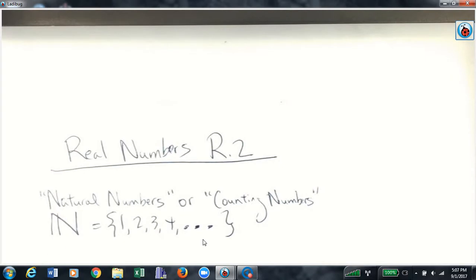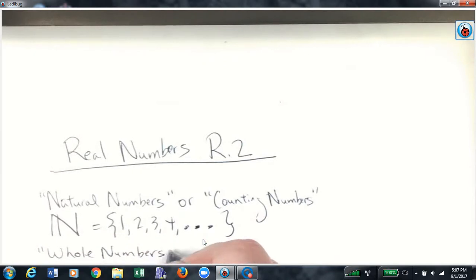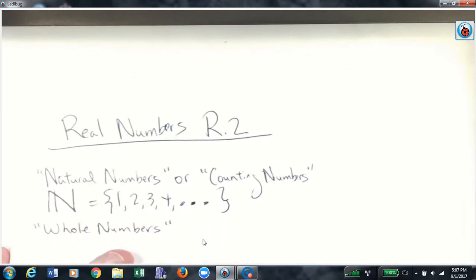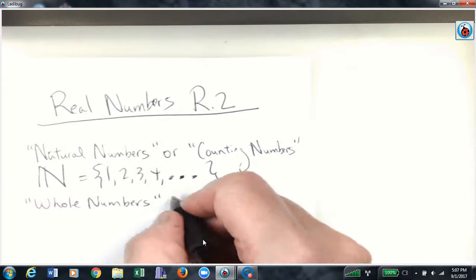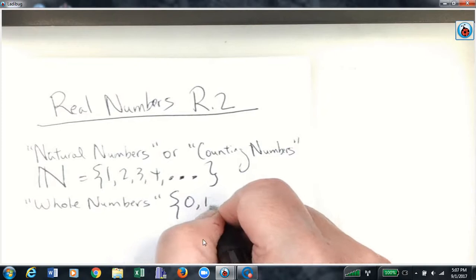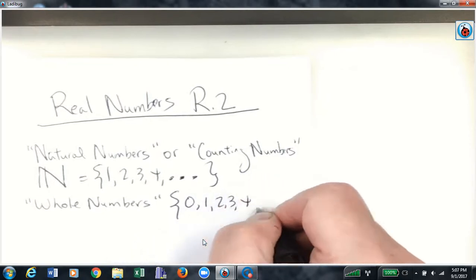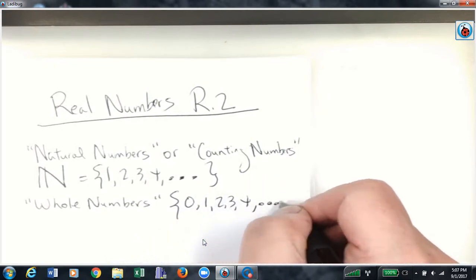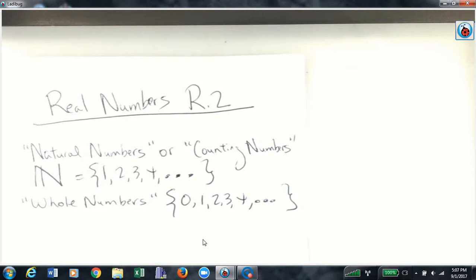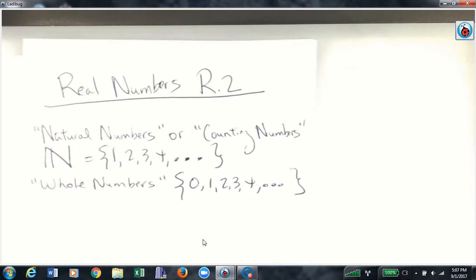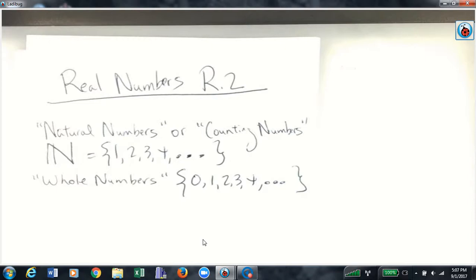The whole numbers, the set of whole numbers is going to be all the natural numbers plus an extra one, and it'll be the number 0. 0, 1, 2, 3. So it's the counting numbers, but it's the 0 in there. Okay. So that's an infinite set.